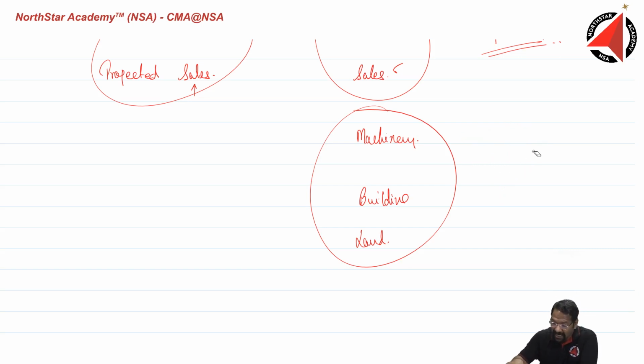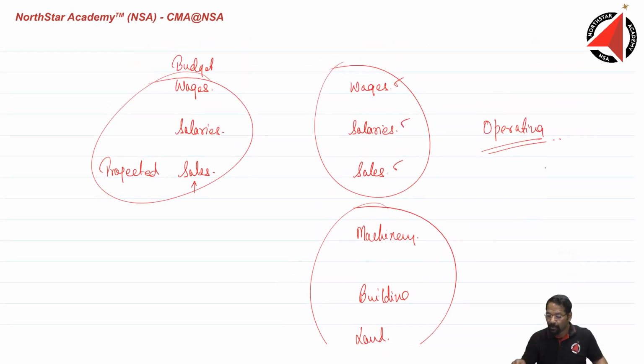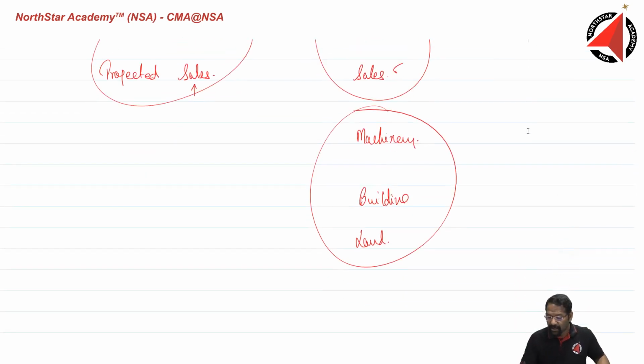So my entire budgeting can be divided into broadly two levels. One is regular operating activities, which we call the OPEX budget, and the other we call the CAPEX budget. All right, OPEX budget and CAPEX budget. What is CAPEX? Capital expenditure.